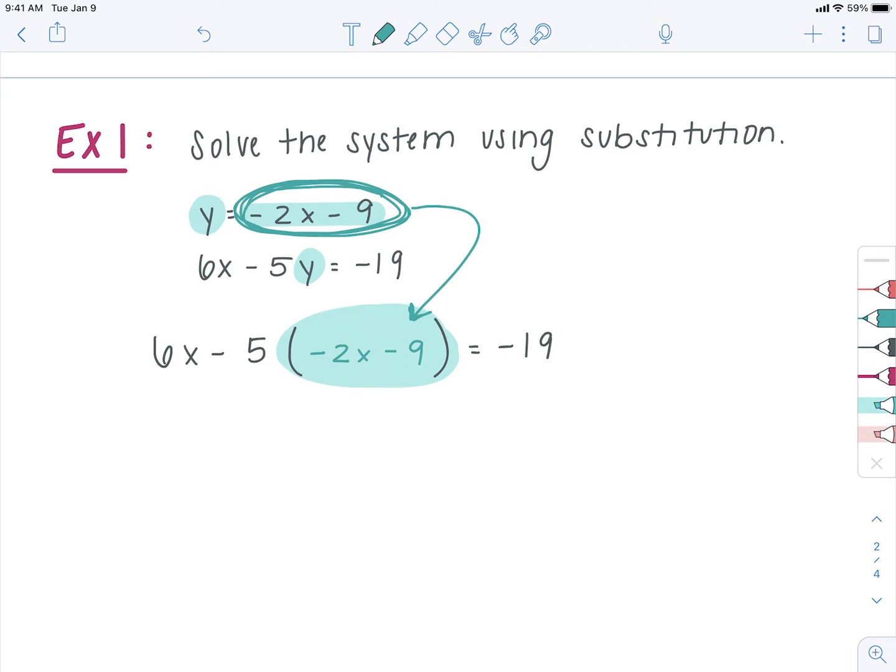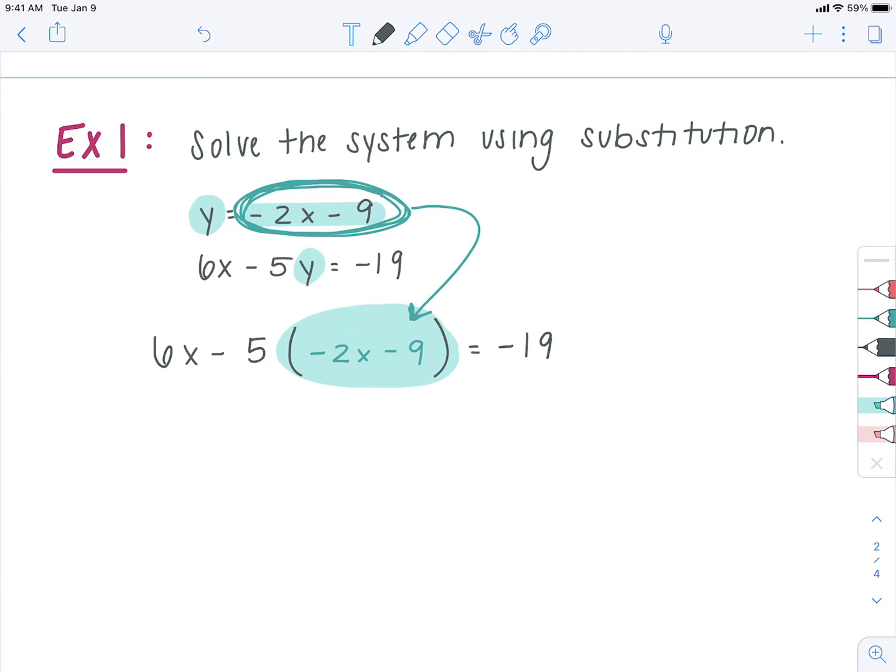And I like to make sure I put the parentheses around there so that I know everything in there is staying together, everything is being applied to this 5 that's in front of it, and I don't accidentally distribute wrong or miss a negative. So I always first put in parentheses, and then I go back in and plug in what I need. So now from here, I'm just going to solve this equation as if it was a normal equation.